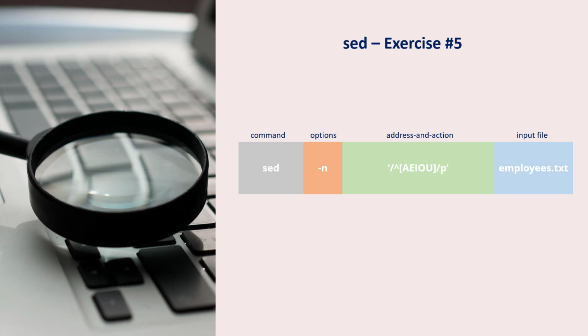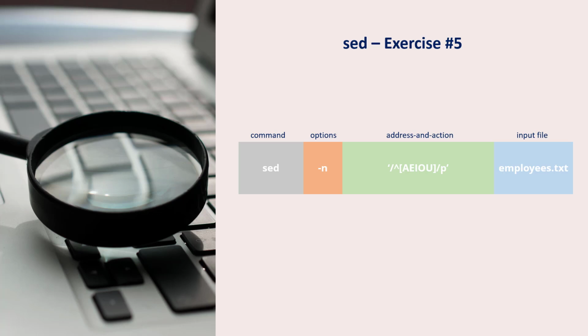So this regular expression selects all employee names that begin with a vowel. We enclose this regular expression within a pair of forward slashes, just like in the previous exercise. Then we have our action P. The context address and the action together are enclosed in a pair of single quotes.